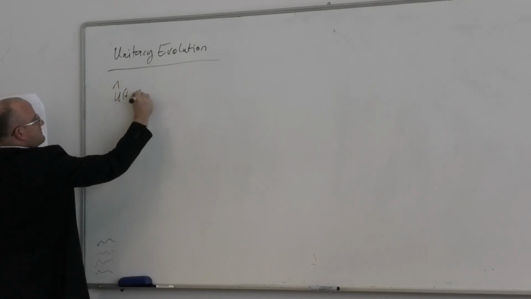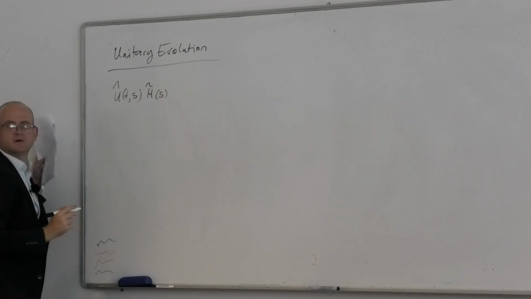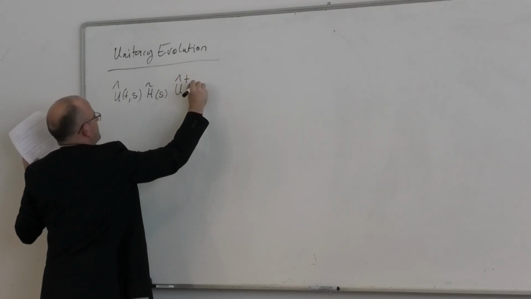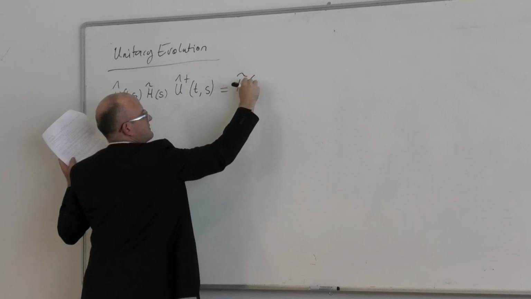Basically, it says if I have an operator h of s at some time, then if I apply this, what it will do is it will take me to h of t.